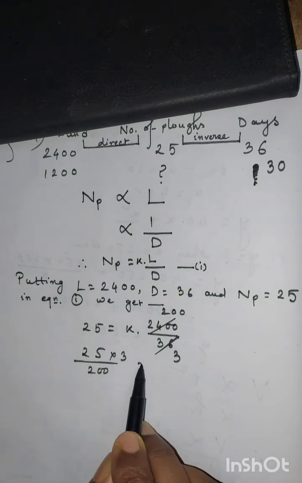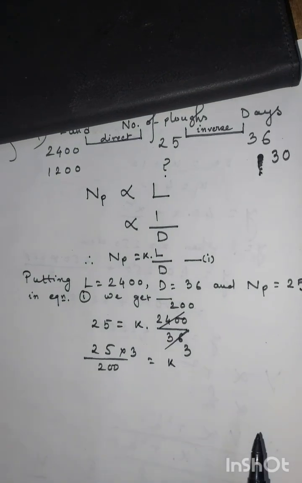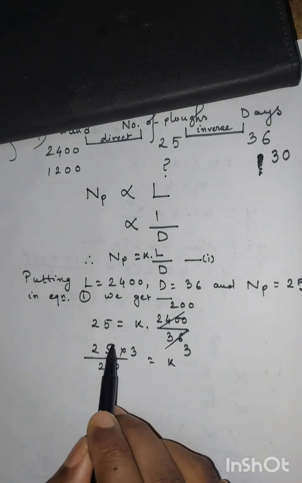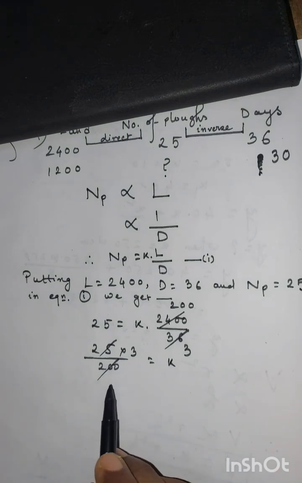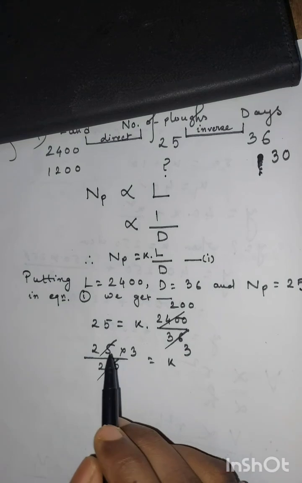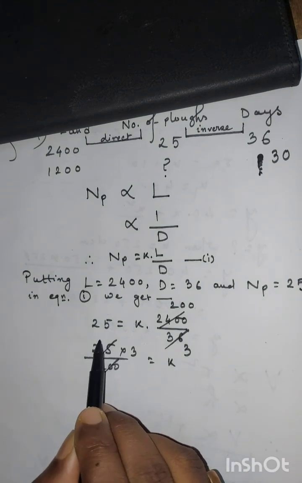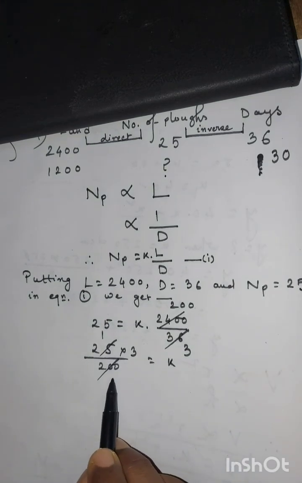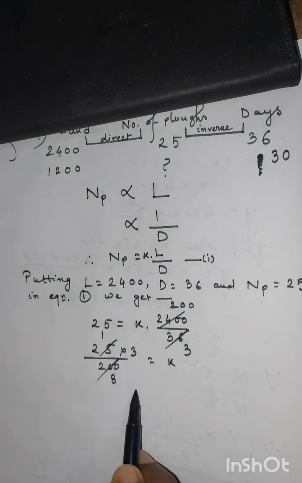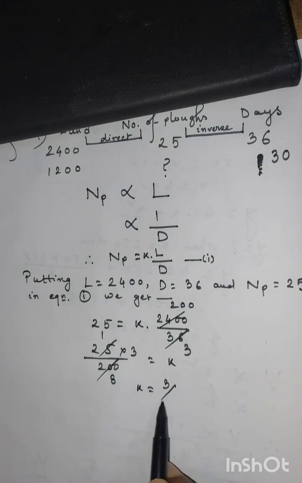Now we simplify it by 25: 25 ones are 25, 8s are 200, so k is 3 by 8.